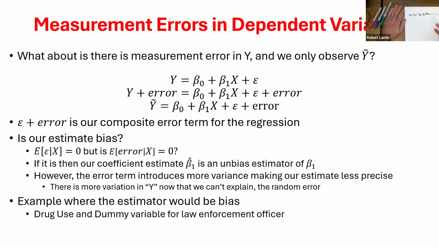If it's self-reported drug use, then the value I actually see will contain measurement error. So I now need to think about whether the expected value of that measurement error in my Y variable will still be equal to 0 for different values of X, whether or not they're a police officer.